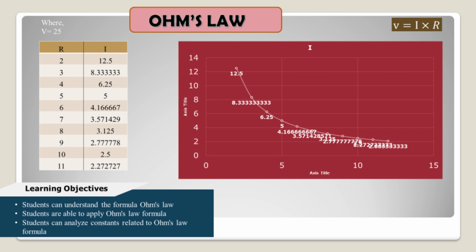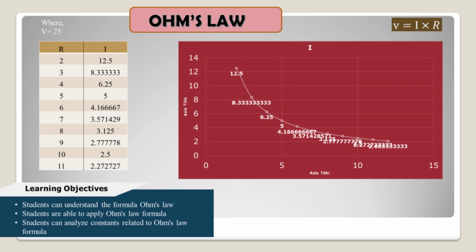If the resistance is equal to 8, the current is 3.125. If the resistance is equal to 9, the current is 2.77. If the resistance is equal to 10, the current is 2.5.